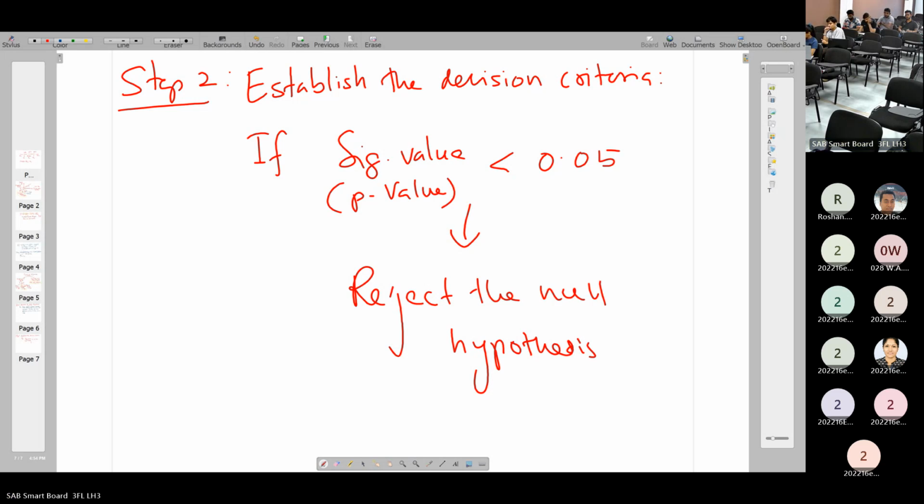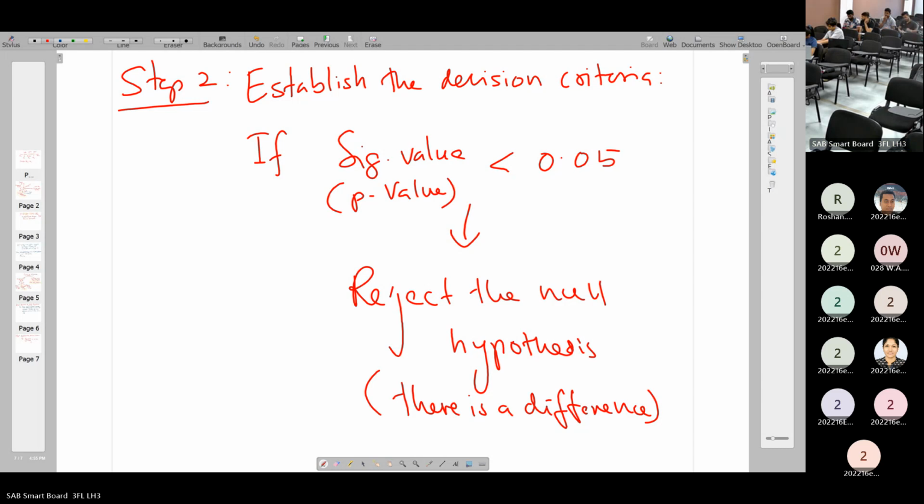There is a difference. In other words, to reject the null hypothesis means there is a difference.